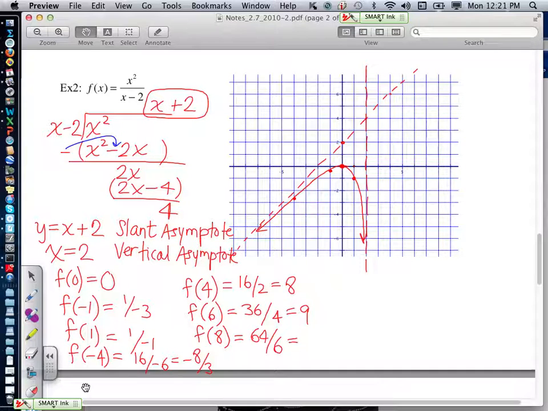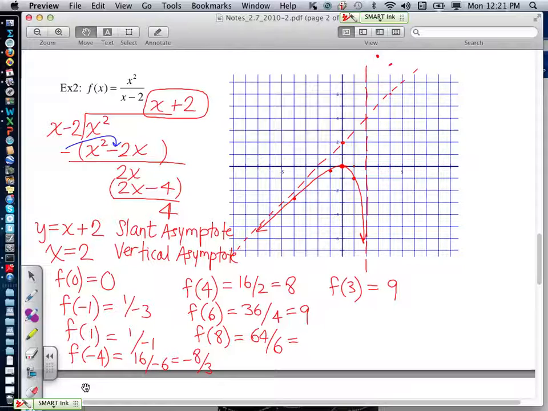Maybe I'll look at f of 3, because that's just to the right of 2. f of 3 is going to give us 9. And we see f of 6 is also 9, so there must be a turnaround point in between there. That makes sense, because that's what f of 4 looks like. So f of 3 is 9, so 1, 2, 3, 4, 5, 6, 7, 8, 9 is going to be up here somewhere. And then f of 4 is 8, so that's down 1 unit.